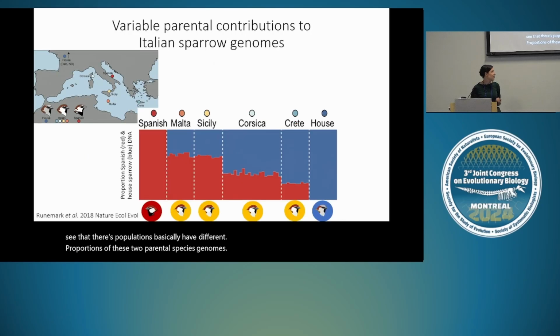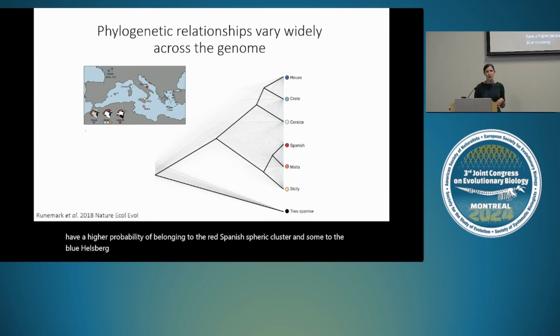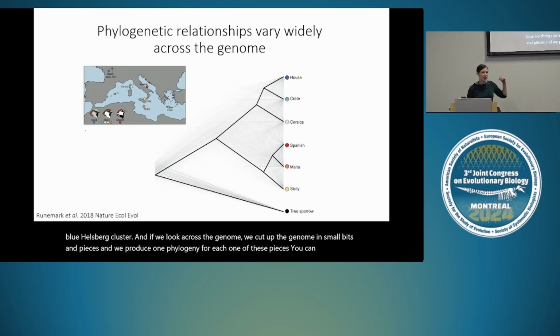And here is a clustering analysis basically making the same point. Some of the populations have a higher probability of belonging to the red Spanish sparrow cluster and some to the blue house sparrow cluster. If we look across the genome, we cut up the genome in small bits and pieces, and we produce one phylogeny for each one of these pieces. You can see that it varies very widely across the genome.